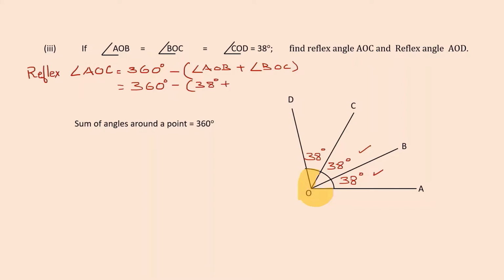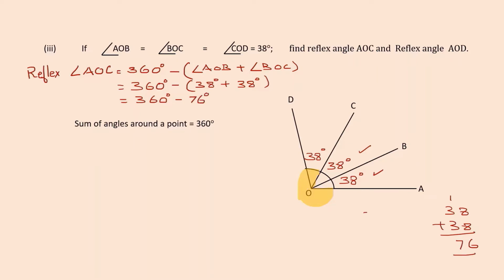And angle BOC is also 38 degrees. So let's minus that. 38 plus 38: 8 plus 8 is 16, carry 1. 3 plus 1 is 4, plus 3 is 7, so that is 76 degrees.